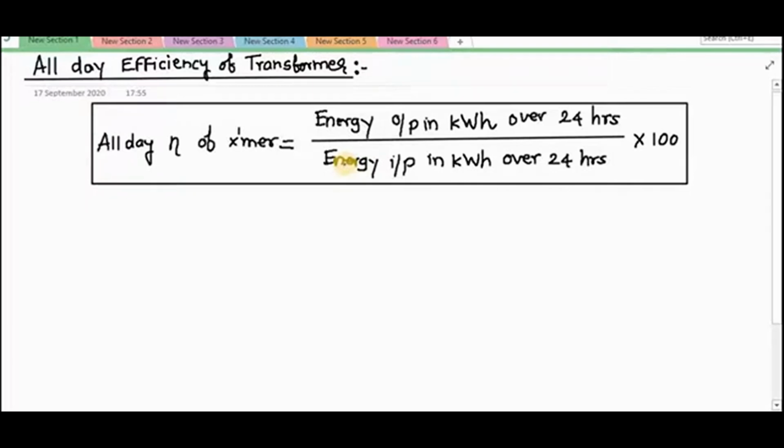Means higher all-day efficiency should always be preferred while selecting a distribution type of transformer. What is a distribution transformer? The transformer which is supplying the lighting and domestic loads or general electrical network is called the distribution transformer.